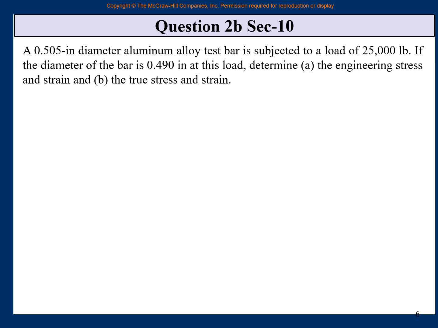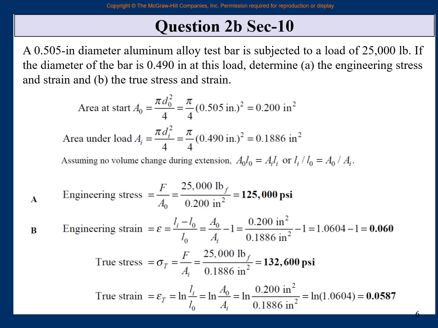So let us proceed. Area at the start is A naught, pi d naught squared by 4. Area under the current load Ai is pi di squared upon 4. A naught L naught equals Ai Li, so Li upon L naught is A naught upon Ai. Engineering stress is F upon A naught.